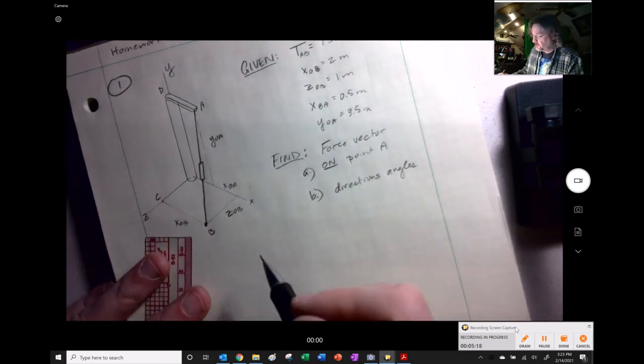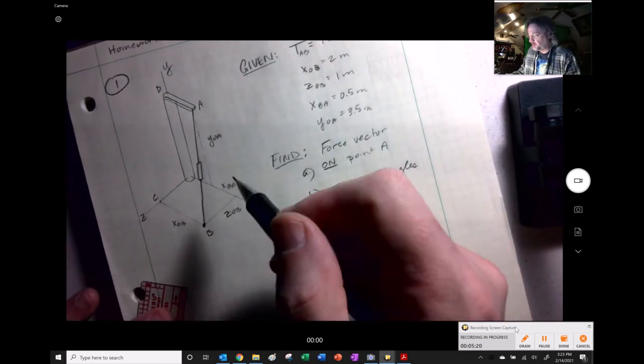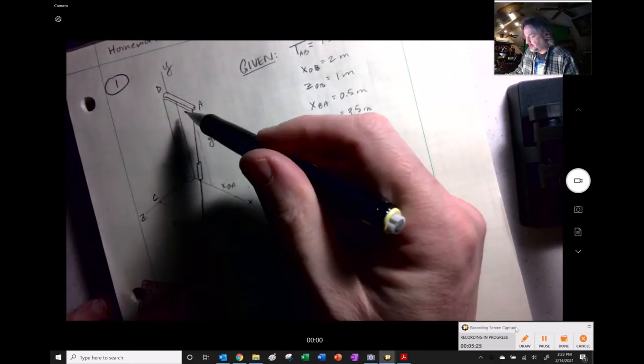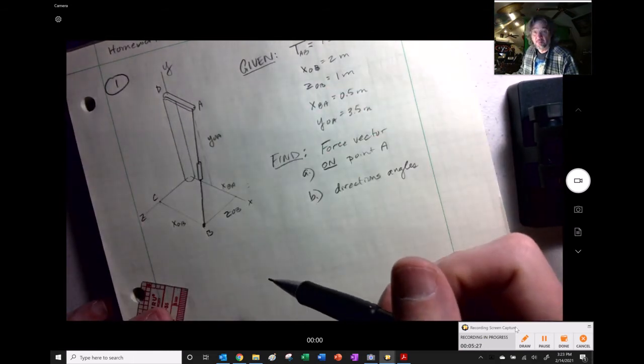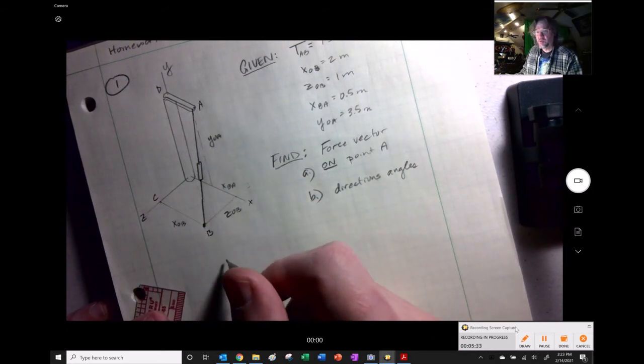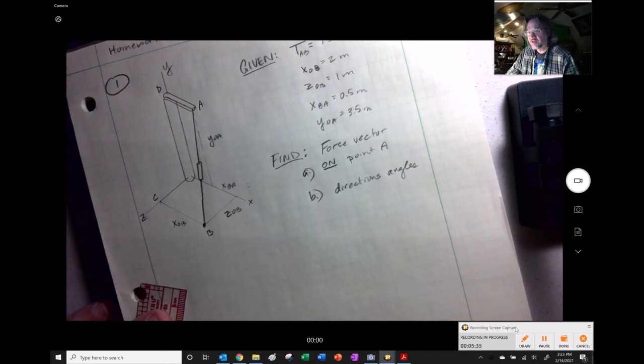Right. So the first thing we want to do is to establish what this distance is. So the best way to do that, I think, is what we can do as part of this, I don't know if I showed you this way, we could make what was called the position vector.